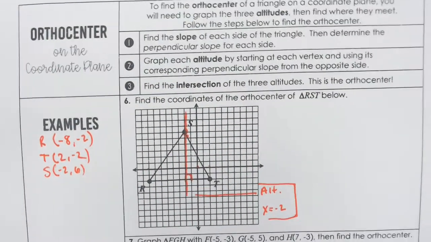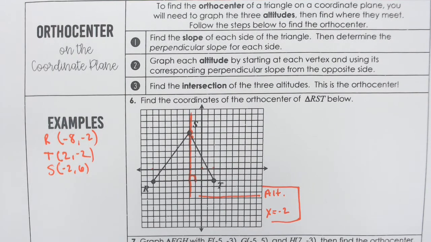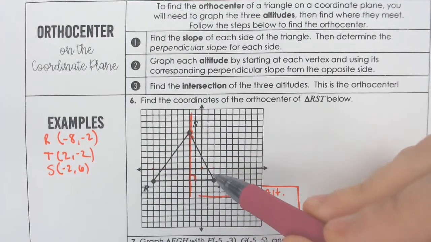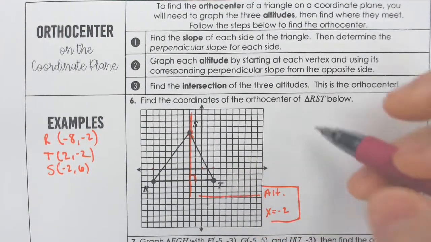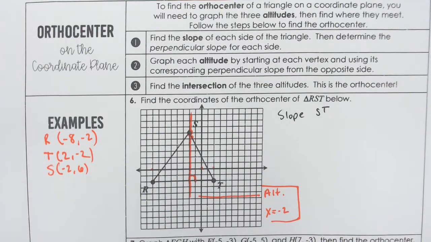Okay. So now we have to pick a different side that we would like to find the perpendicular slope to. So I'm going to just choose ST. It's looking right at me right here. I'm going to find the slope of ST, and then I'm going to find the perpendicular slope to that.